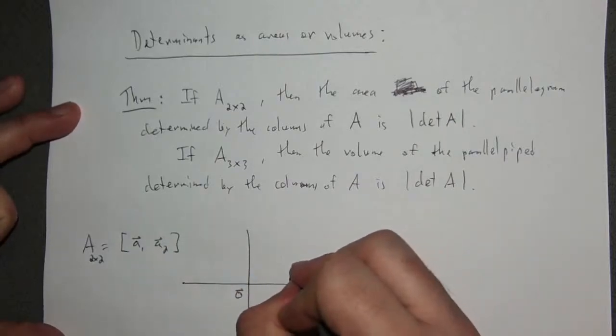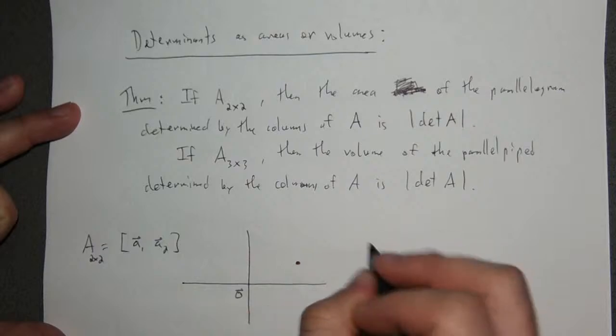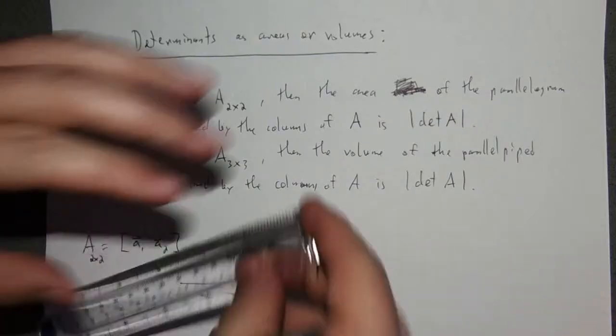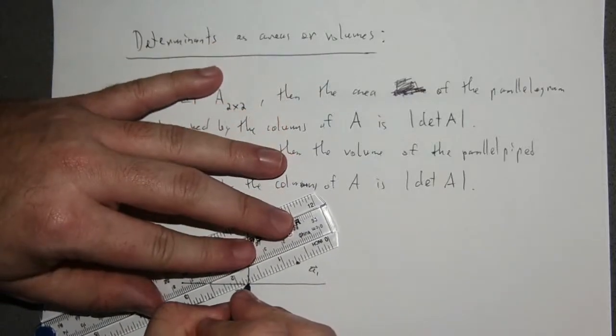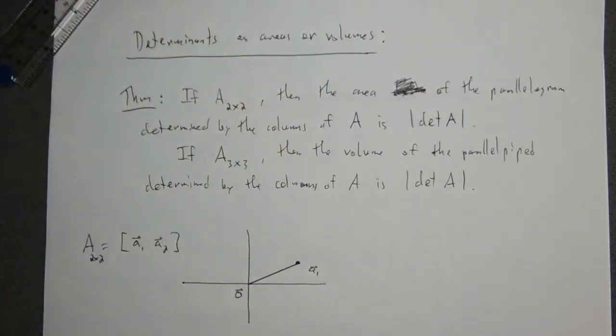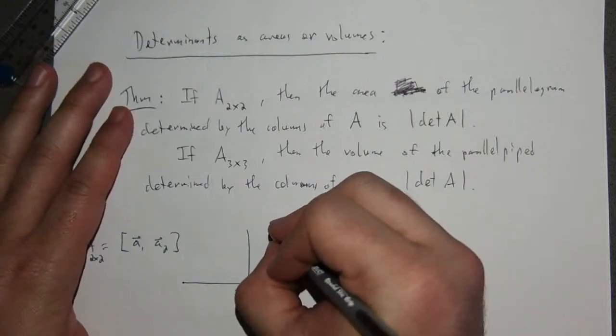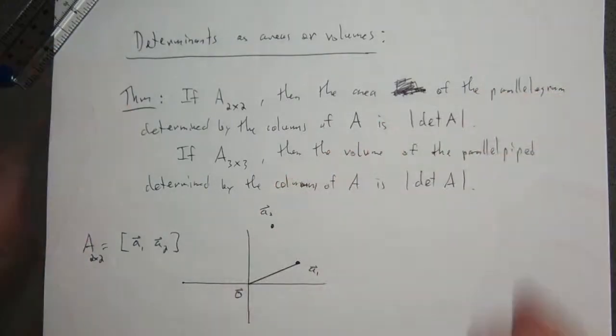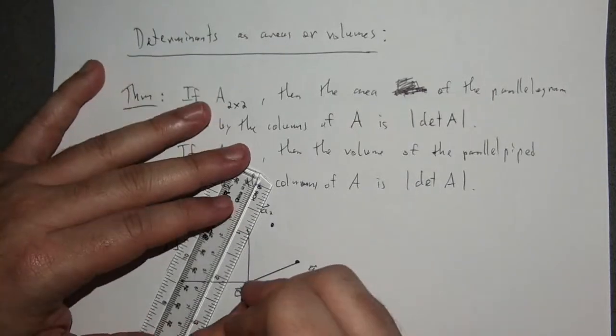Just for the sake of this picture, say that a1 is this ordered pair, so then I get an associated vector, of course. And it looks like that. So that's a1. And we'll say that here is my vector a2. Okay.